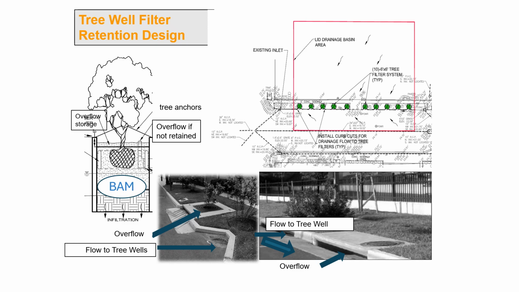You can see the flow path here. Water from a street or other impervious surface is directed into the tree well. As it enters, it's filtered, and if the water isn't fully retained through infiltration, the system is designed with an overflow mechanism. This overflow, clearly indicated, directs excess water into the normal drainage or collection system, preventing localized flooding.